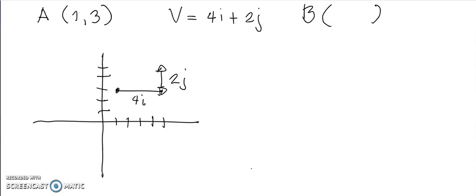So what point is this one? We have 2, 3, 4, 5. So the x value is 5. And then we have 3 plus 2, so the y value becomes 5 as well. So what you observe is that we only have to do 4 plus 1, we get 5 for x, and for j, 3 plus 2. So the point B is at 5 and 5.